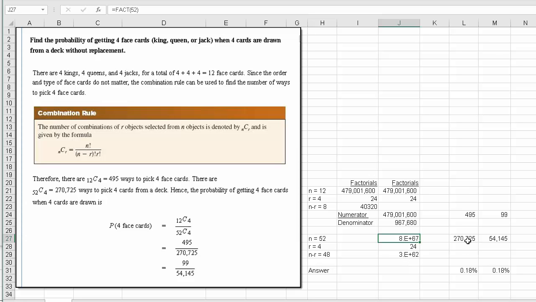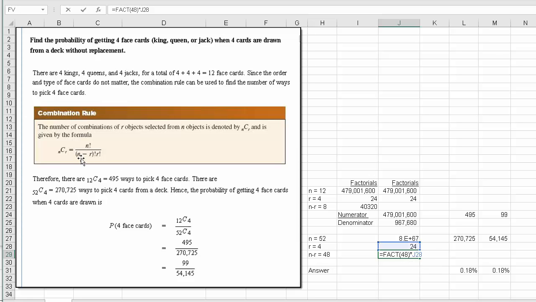And then we can do the calculation, which is take the numerator, which is n factorial, given in cell J27, divided by n minus r factorial. Oh, and by the way, there's an extra calculation on this n minus r.